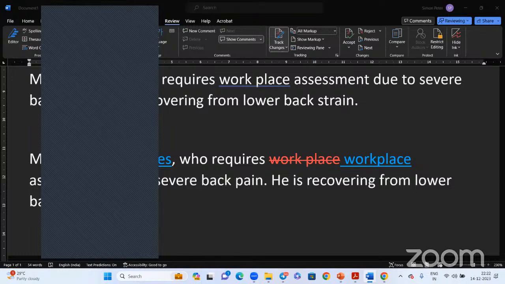We can call it compound words or separate words. So now here this is a mistake. It's a very big mistake.